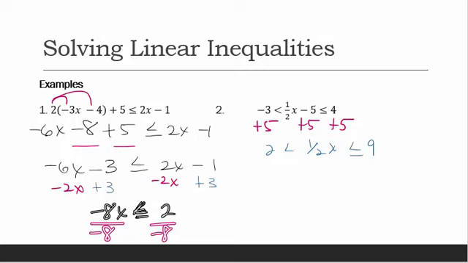Now we want to get rid of the 1/2, so we can divide every part by 1/2, but really that's the same thing as multiplying by 2, so I'll just say times 2 and simplify. So 4 is less than x is less than or equal to 18.